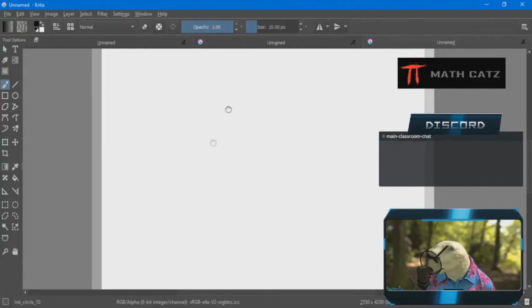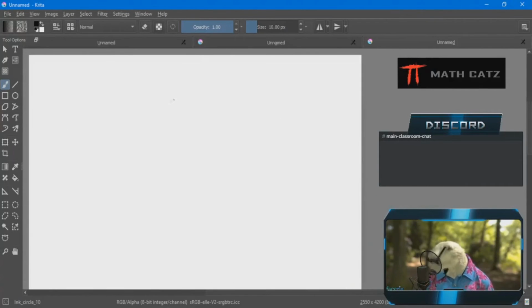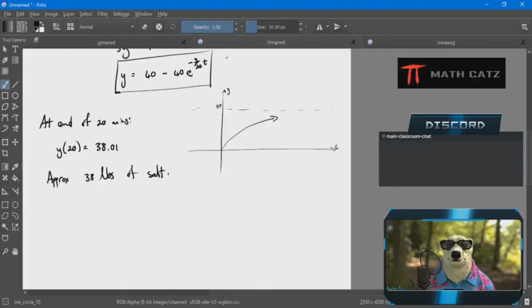One way we could do that to make a little bit more sense is to just look at the transformations of a simpler function that has the same look to it. Let's just say 2 minus 2e to the negative t.